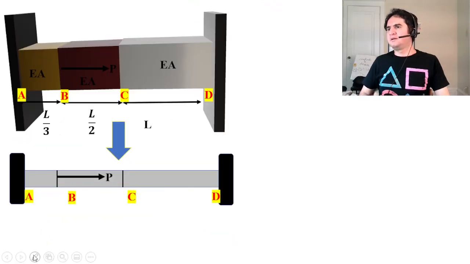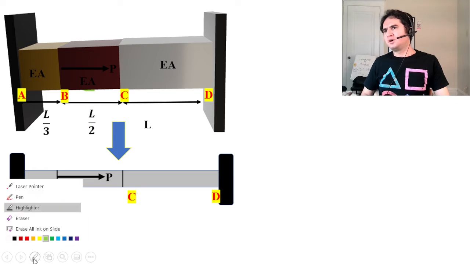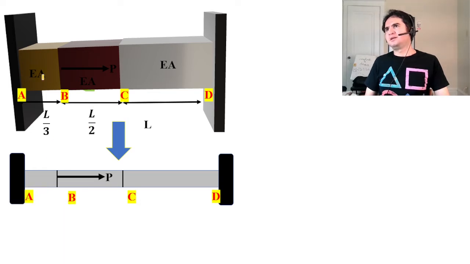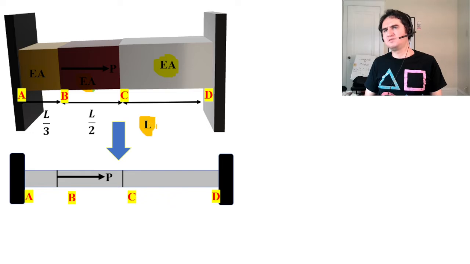Now we made all the materials similar: their EA is the same, and the length changes. The very first one remains the base with the length L, the second has length L over 2, and the third L over 3.